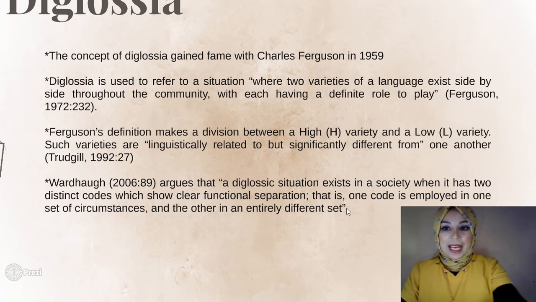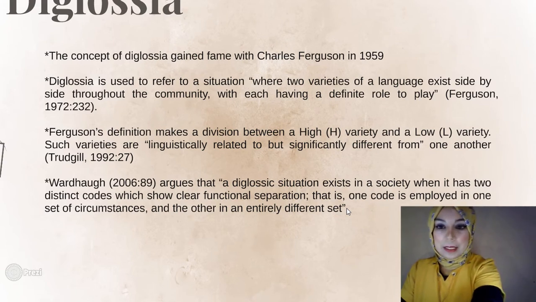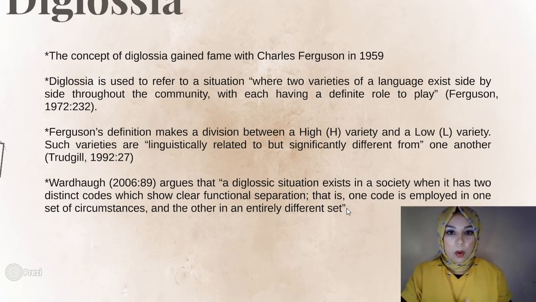This is one. He also makes a division between what is a high variety and what's a low variety. And he mentions further that the high and low varieties are varieties of the same language.